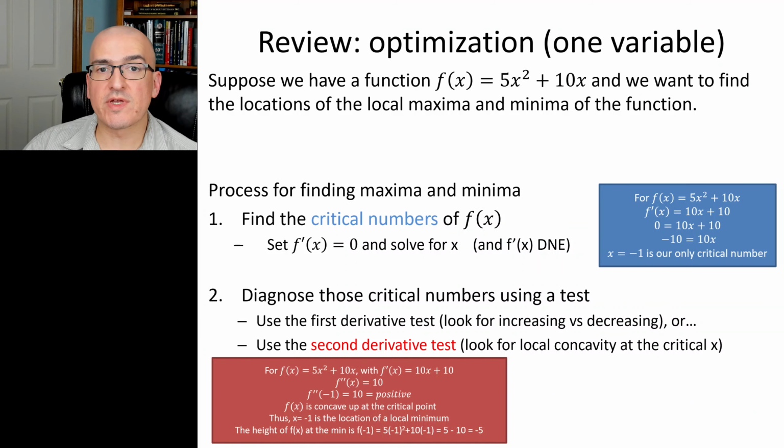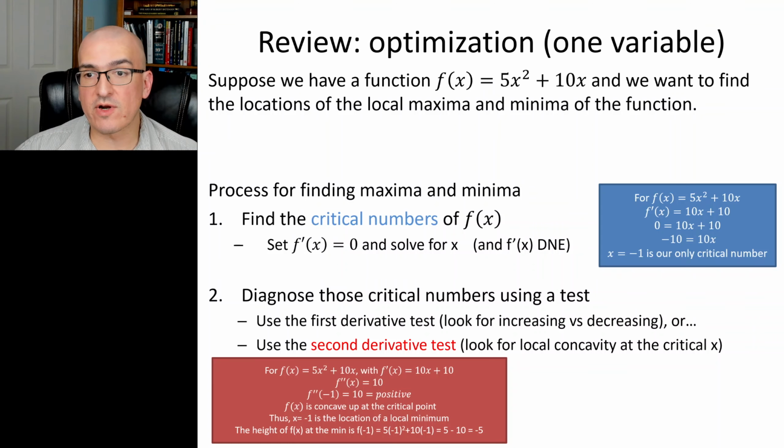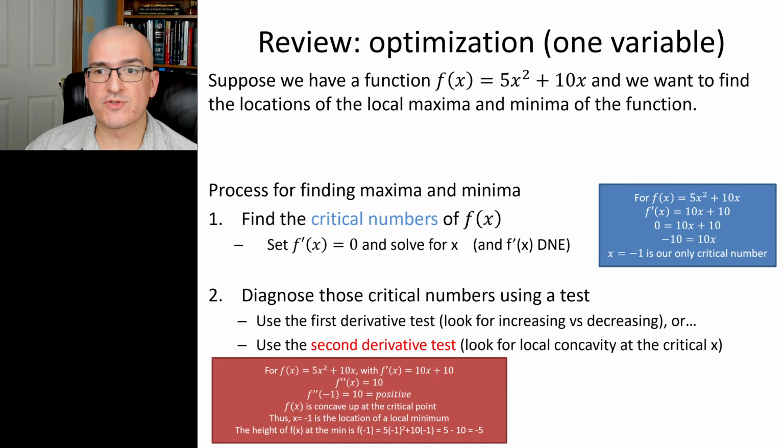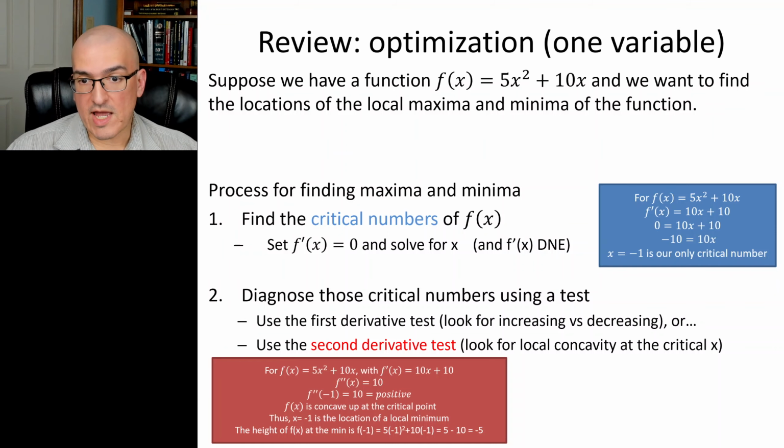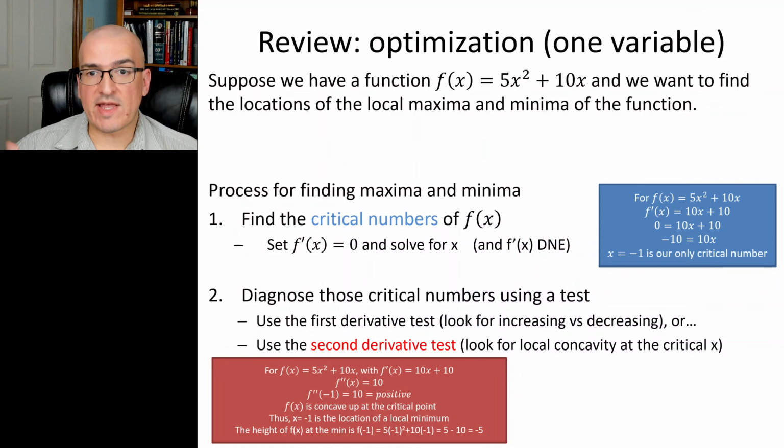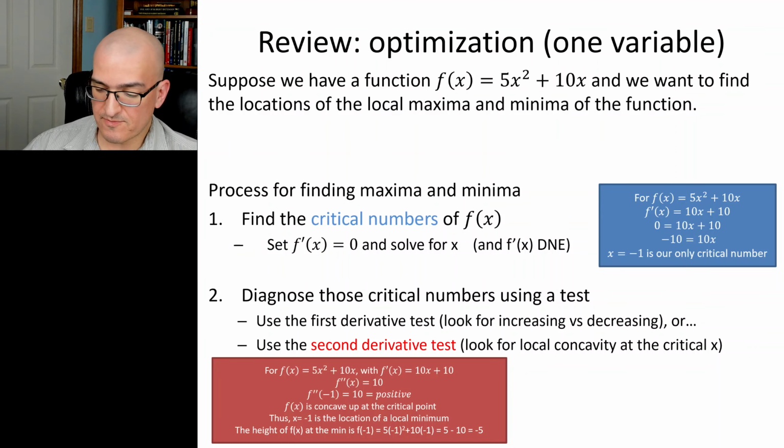The second method we could use to diagnose a critical point is called the second derivative test. It works by taking the critical number that we found and plugging it directly into f double prime of x. F double prime is the derivative of the derivative. If we plug -1 into the second derivative and something positive comes out, then that means the function's concave up in that region.